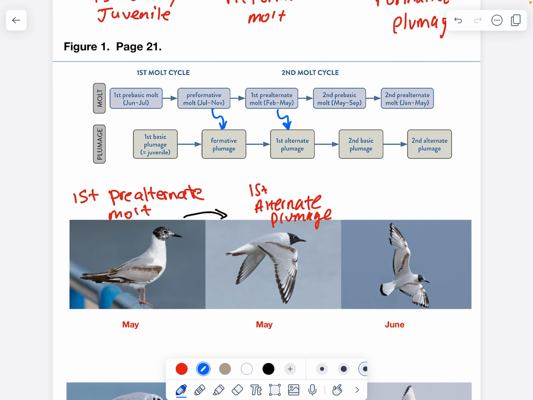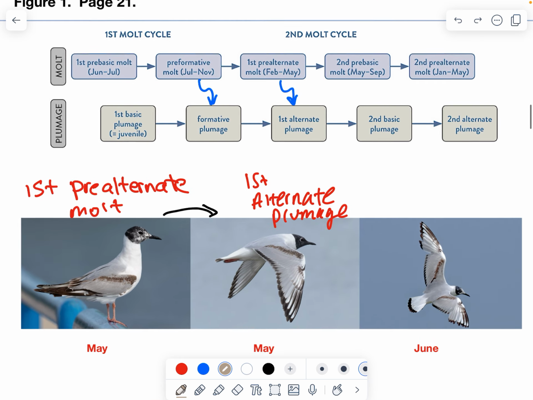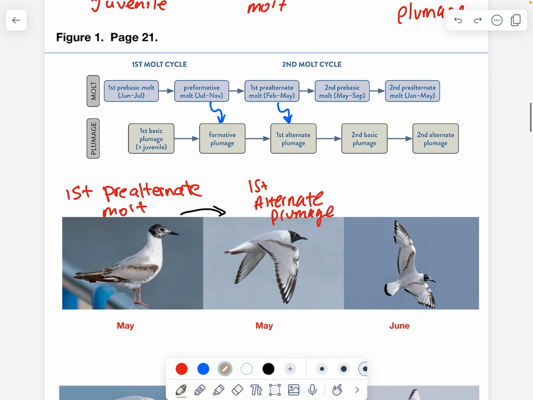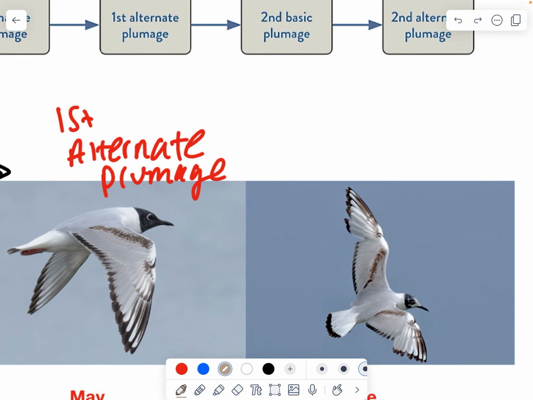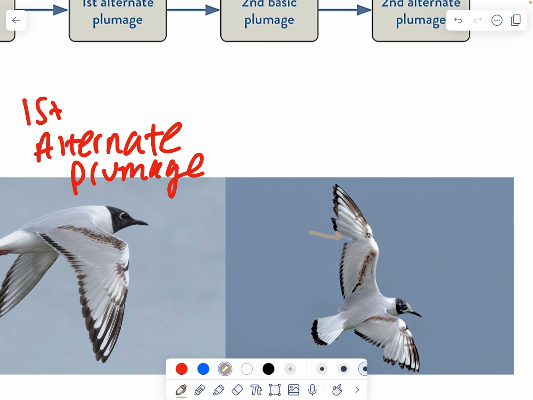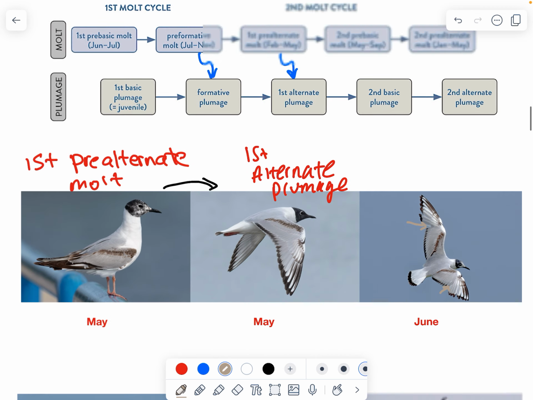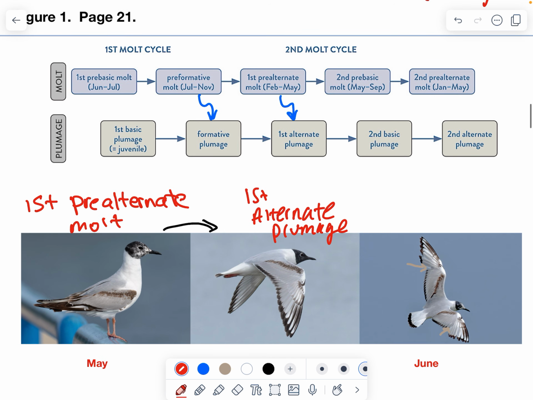The second molt cycle begins when the second pre-basic molt begins, meaning when we start to see flight feather molt in something like Bonaparte's. You notice this molt gap here and this molt gap here. This bird is now molting primaries, and it is safe to say the second pre-basic molt has begun. So this bird is a second cycle, meaning it's in its second molt cycle now.